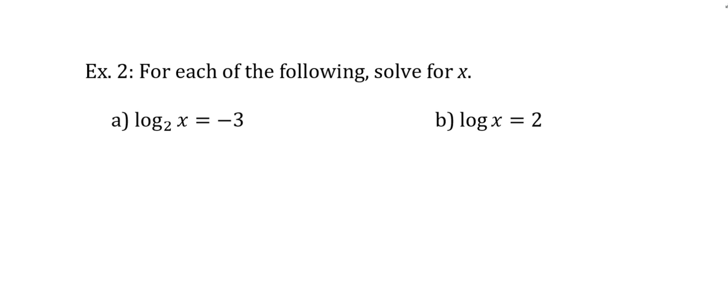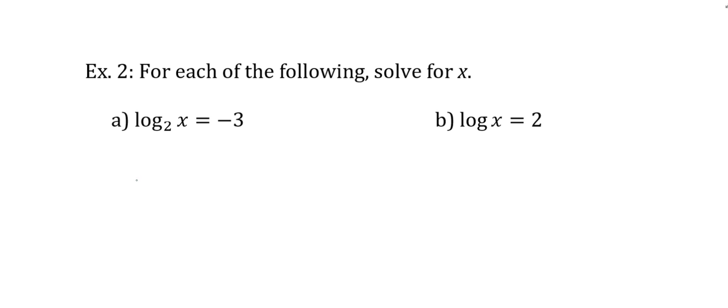An exponential graph never goes below the x-axis. It can't be negative. A logarithmic graph does. So that's fine. What's another way that I can think about this? Kayla? Yeah, we can rearrange it. So I can think about the graph and use that as a thinking tool for whether or not there will be a solution.